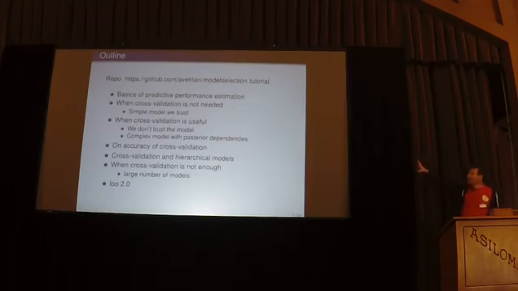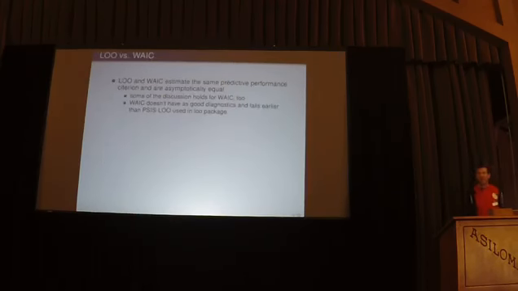Then examples where cross-validation is useful, on accuracy of cross-validation, cross-validation in hierarchical models, and when cross-validation is not enough, which is the case of a very large number of models. And then a little bit about the forthcoming loo version 2, which should hopefully be on CRAN in a few weeks.